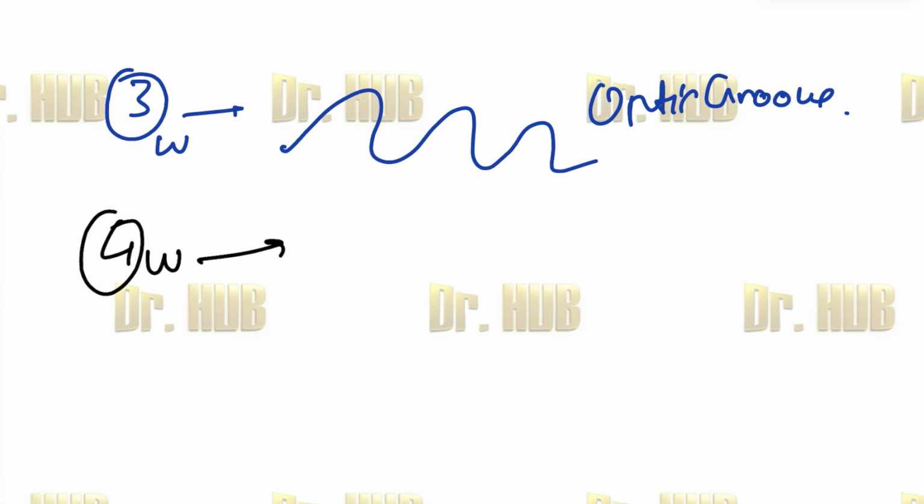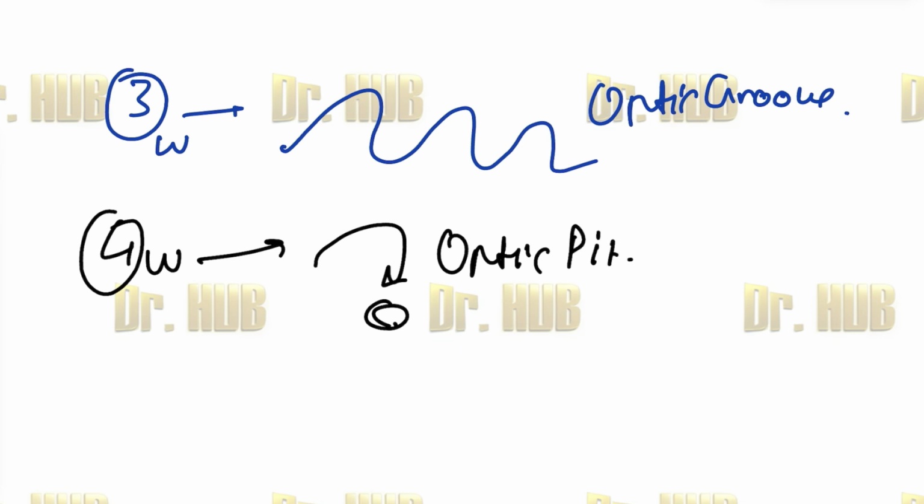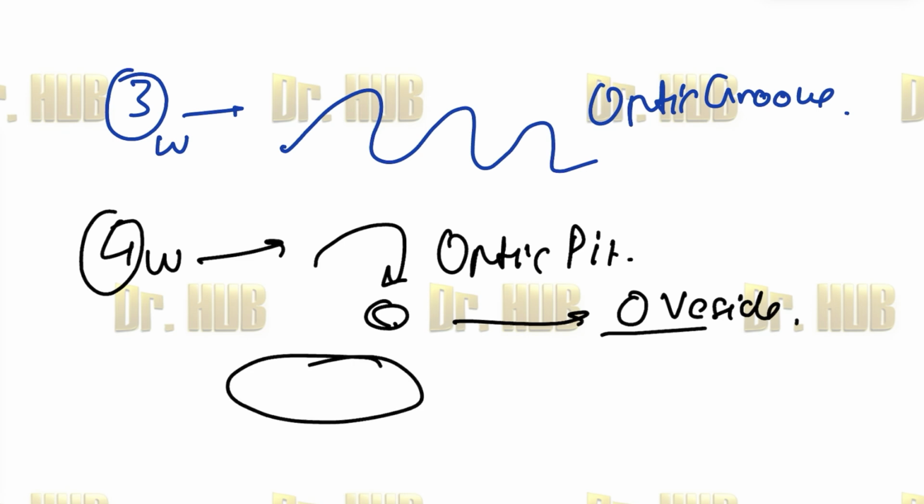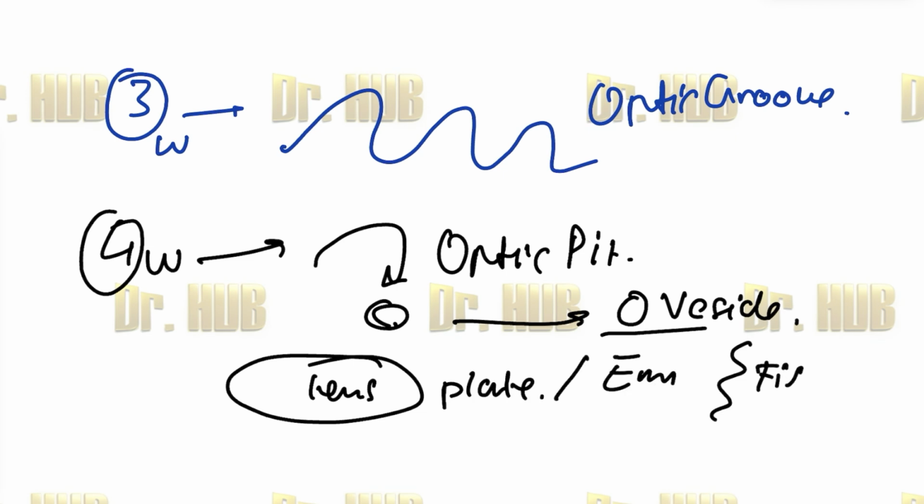The optic pit develops into the optic vesicle. Next the lens plate forms. Then the embryonic fissure also develops.